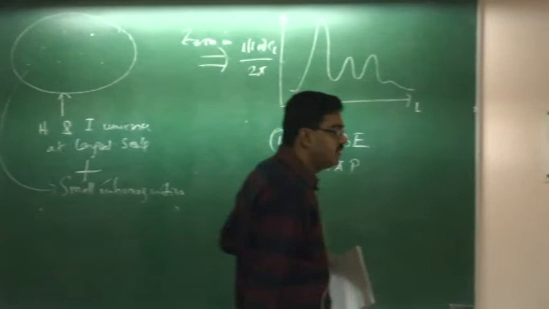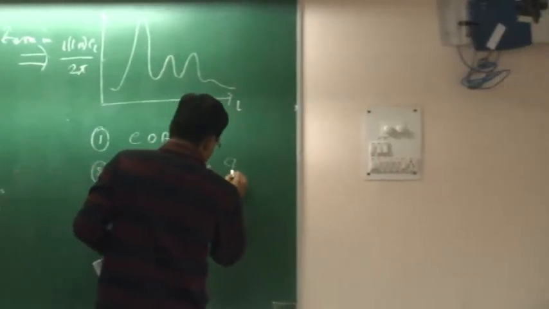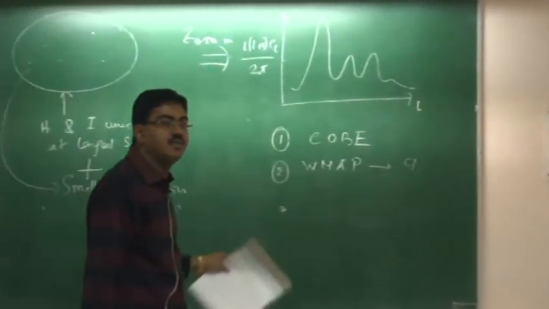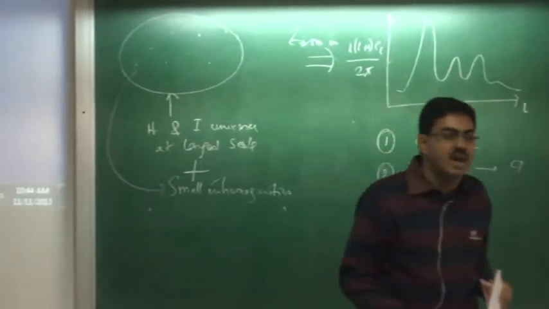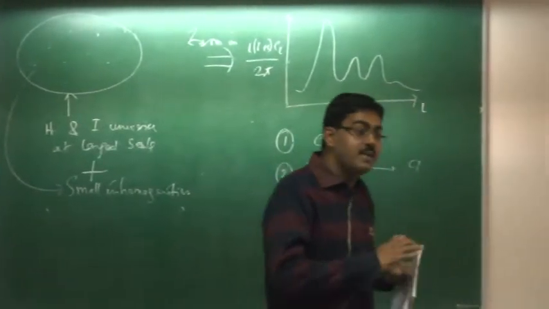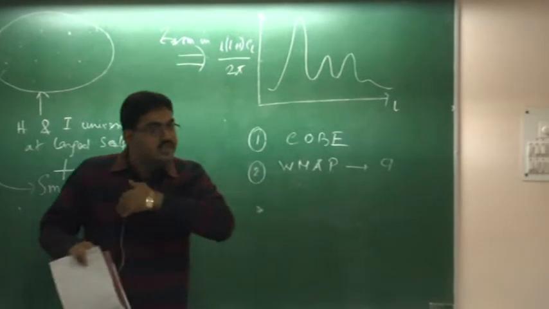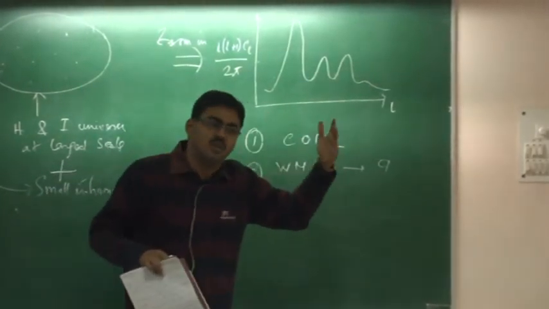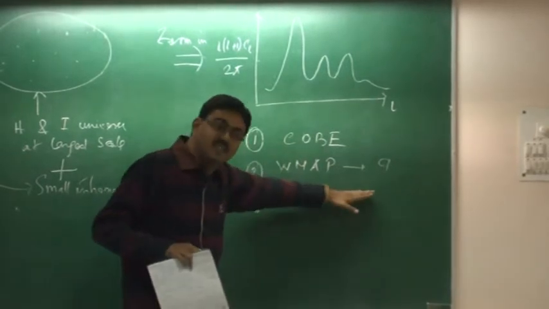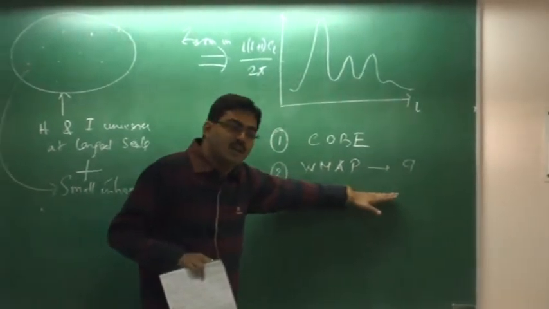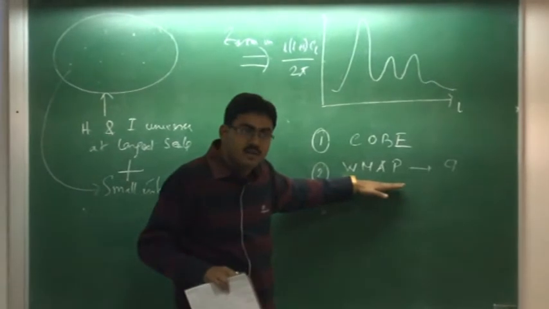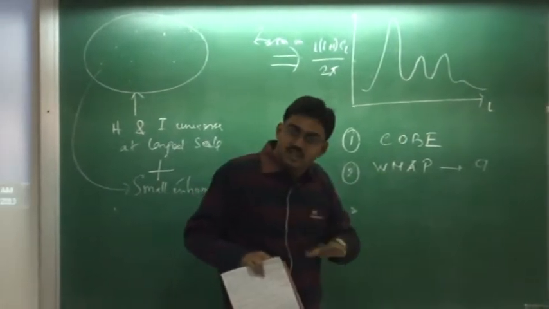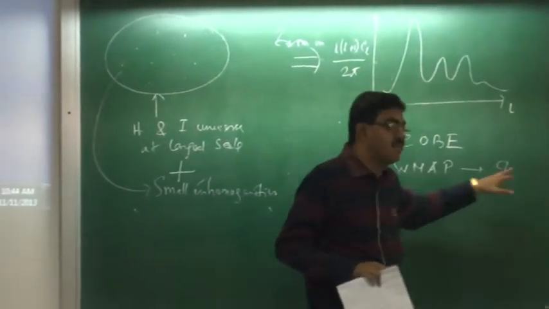In 2001 it started, and in 2013 it gave you nine years of data, so this is WMAP9. The latest data is WMAP9. Why am I telling you this? Because frequently from the next class onwards I will talk about WMAP9 and so on. Just keep in mind that it started running from 2001, and in 2013 they gave the latest data, which is WMAP9.